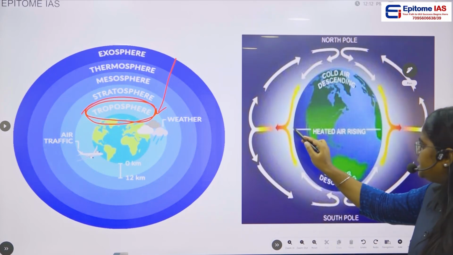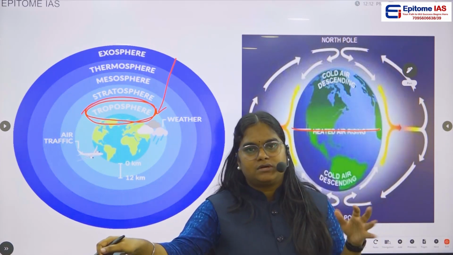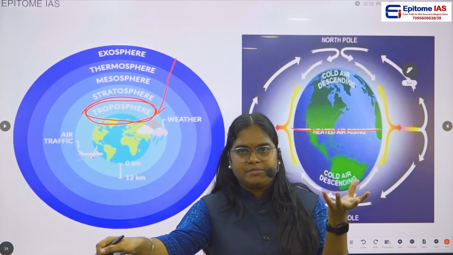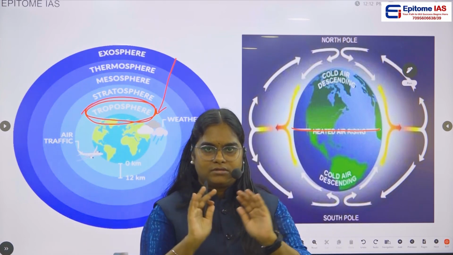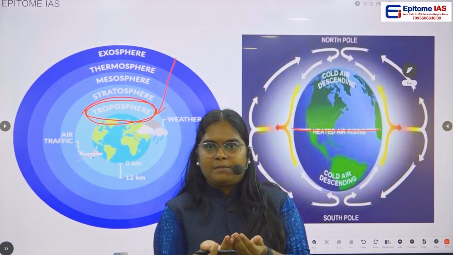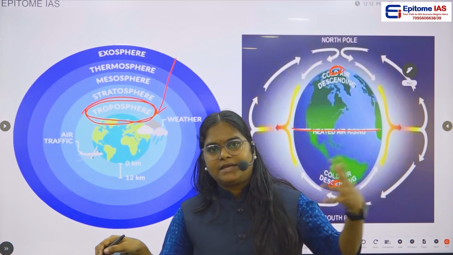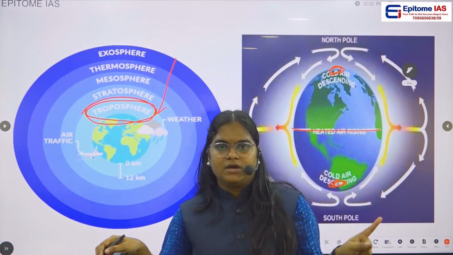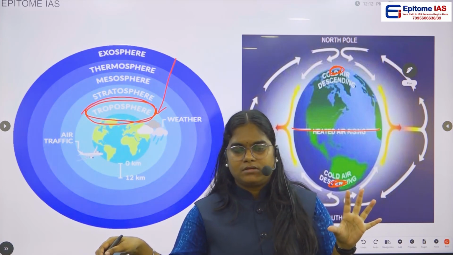If you see the equator, it receives more sunlight. Okay, the incoming solar radiation is comparatively more in the region of the equator compared to the poles. The equatorial region receives the direct sun rays, and the amount of insolation is also more compared to the polar region.